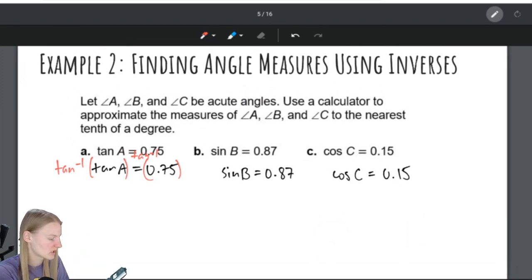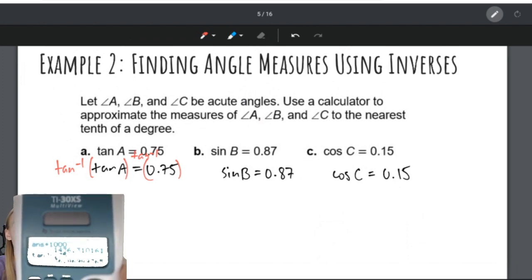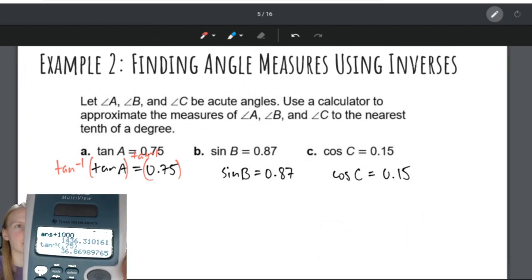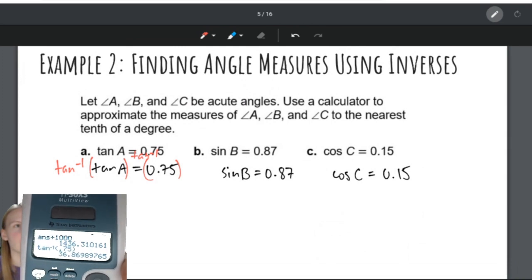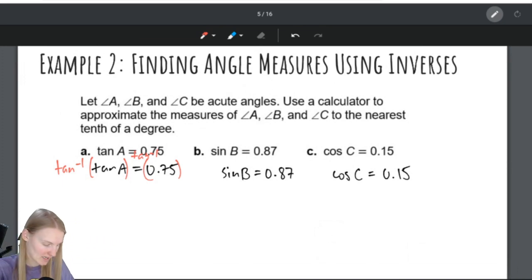So if I take tangent inverse of 0.75, it tells me, I don't know if you can see that. Oh, we are green screened. Oh, there you go. Tangent inverse of 0.75 is 36.86.